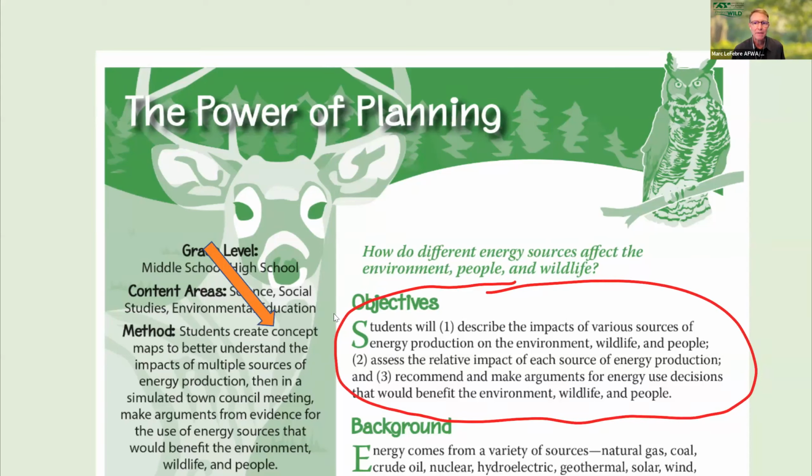The other method is to have students take a certain side or position and research it, and then have a friendly debate, hopefully, about the pros and cons, for example, in a town council meeting type format.